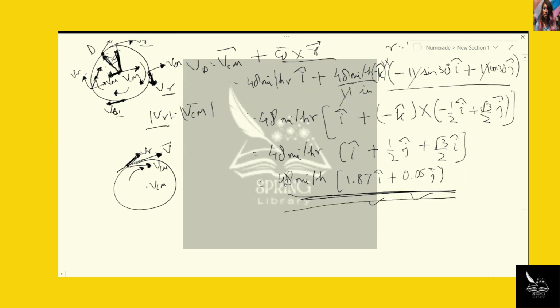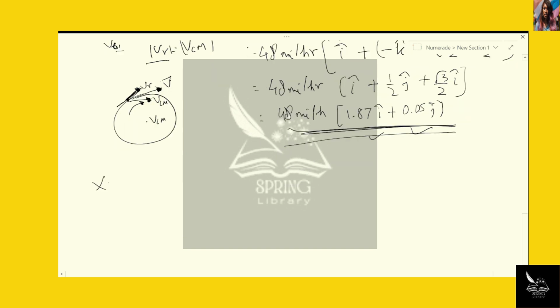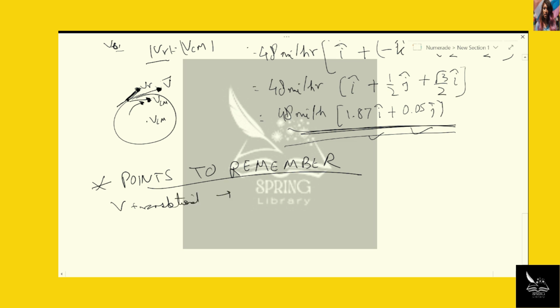So this is how you can solve for any kind of rolling motion and find out velocities of different points. So points to remember: V translational is the same for all points in a rigid body.